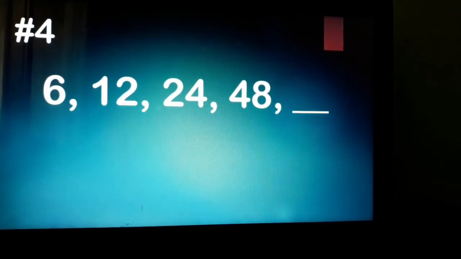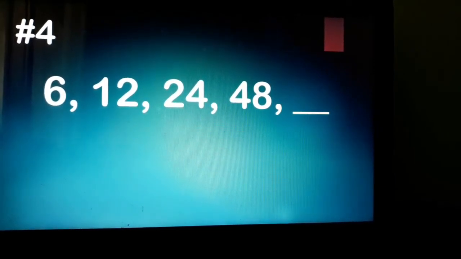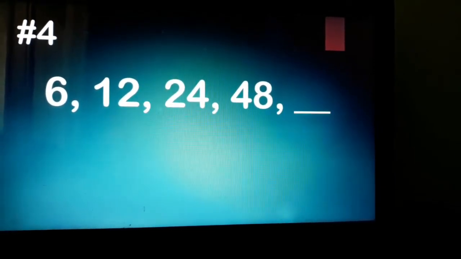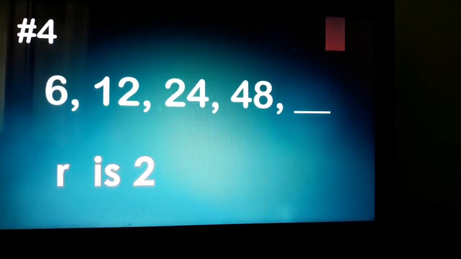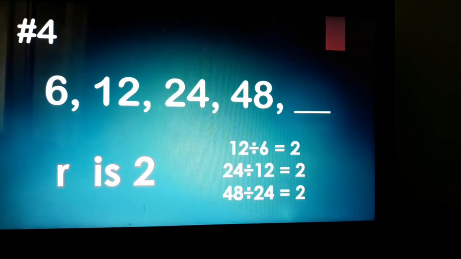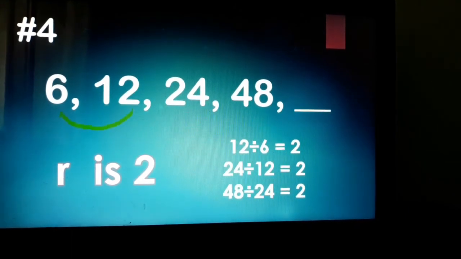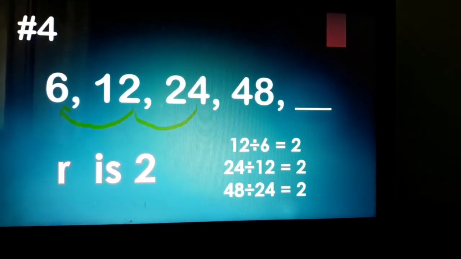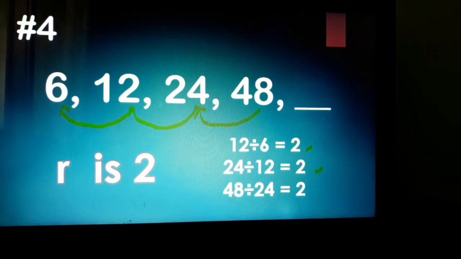Number 4. 6, 12, 24, 48, blank. So, common ratio natin dito is positive 2. Paano nakuha yung positive 2? So, 12 divided by 6, 24 divided by 12, 48 divided by 24. So, notice lahat yan positive 2.